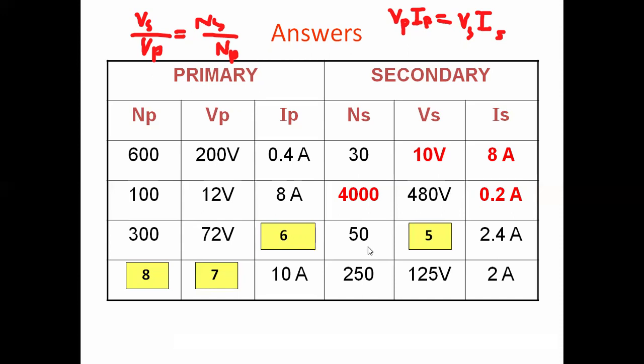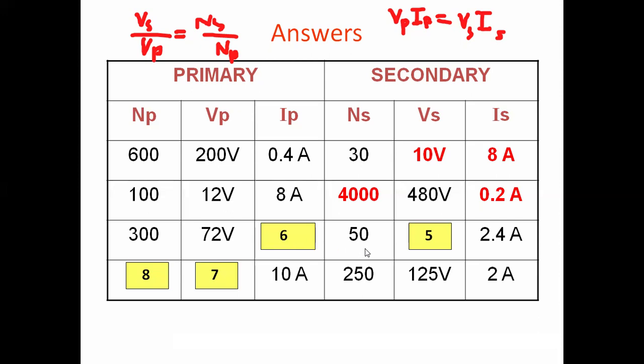So first, in this case, we will apply the power equation to calculate the power, because we know the input voltage, primary voltage, but we don't know secondary voltage, and we also don't know the current in the primary.